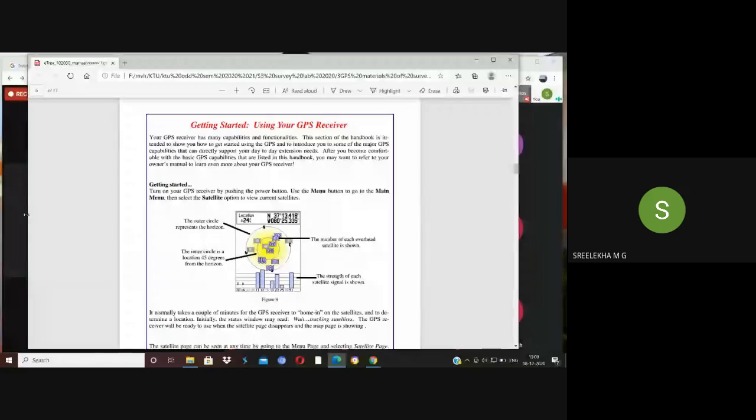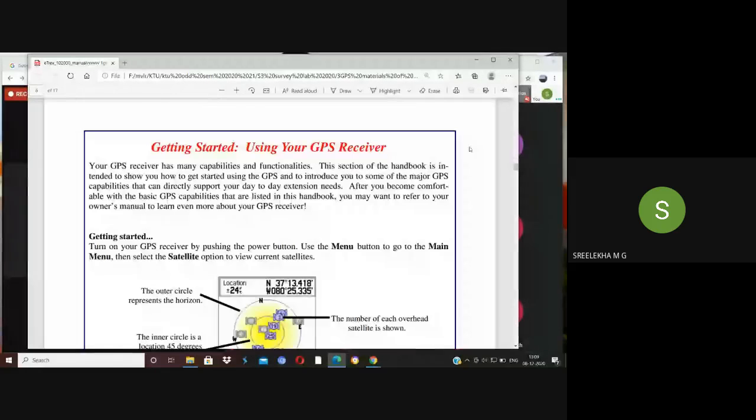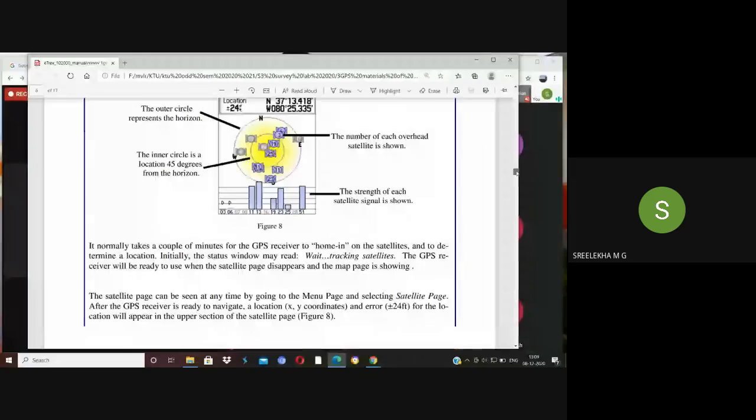shown here. So can you see this? I think it's visible to you. Okay, this is the satellite page. There's a satellite page in the main menu.